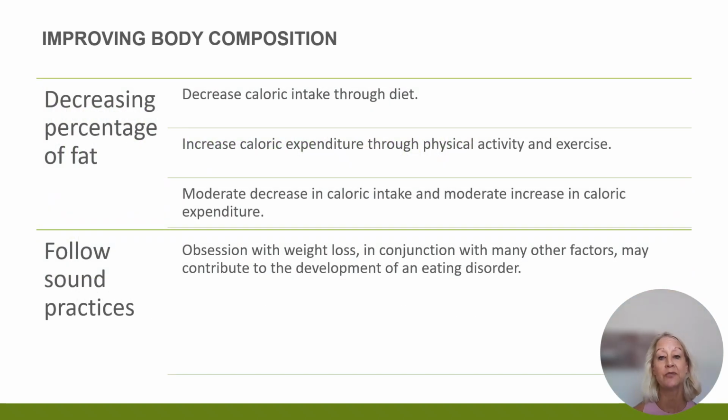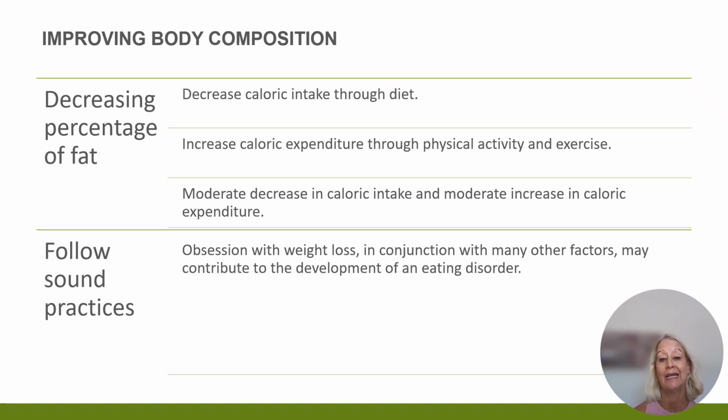When it comes to reducing body fat, the key is to create a caloric deficit where you burn more calories than you're taking in. There are a few ways to do this. One is decreasing your caloric intake by making healthier food choices and controlling portion sizes.